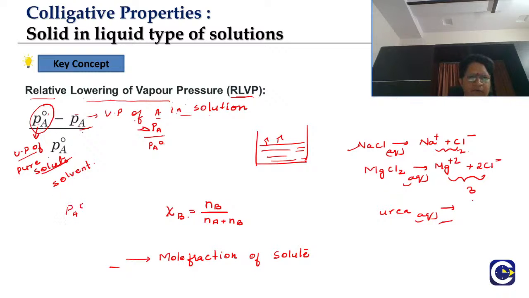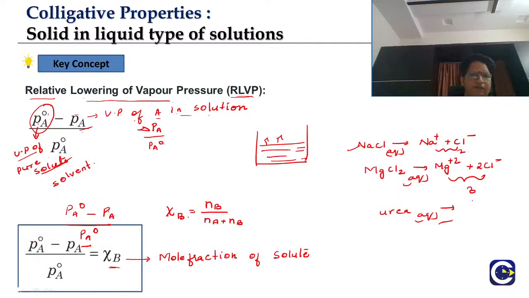Vapor pressure of pure solvent minus the vapor pressure of solution will give us a difference. When we divide it by PA naught, it will become the relative lowering of vapor pressure. And this relative lowering of vapor pressure is equal to the mole fraction of solute.